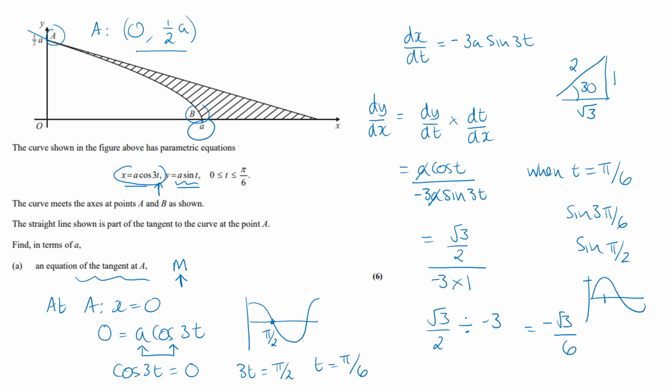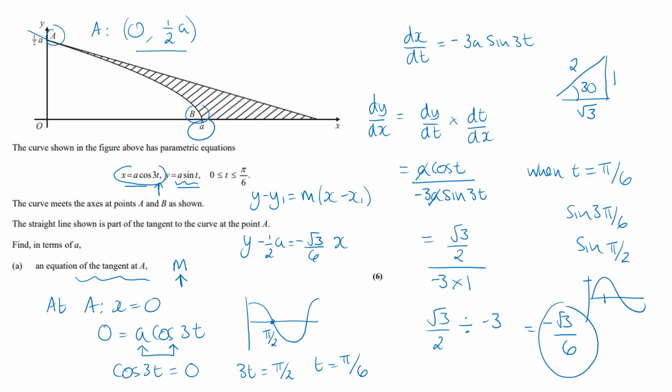Now we need to use our y minus y1 is equal to m into x minus x1. The gradient of the tangent will be the same as the curve. The y coordinate is y minus half a is equal to minus root 3 over 6, and it will be x minus 0.